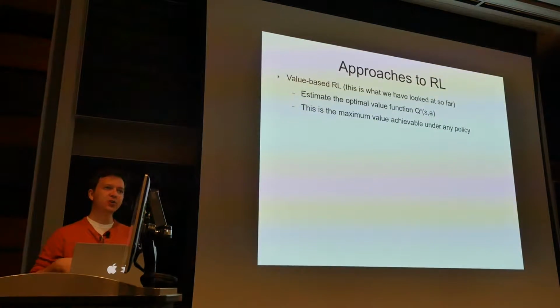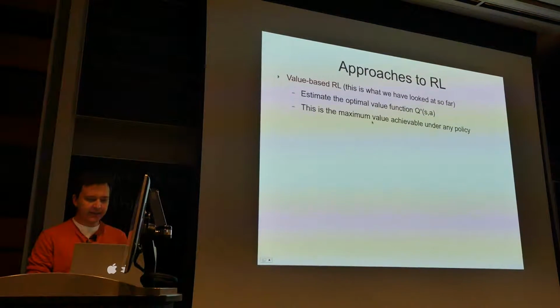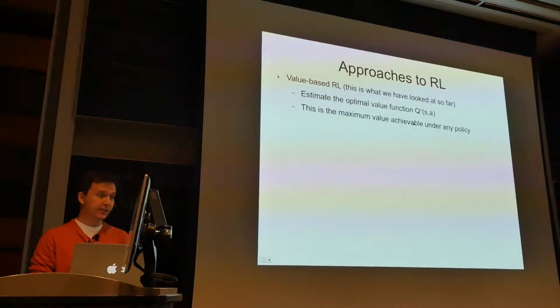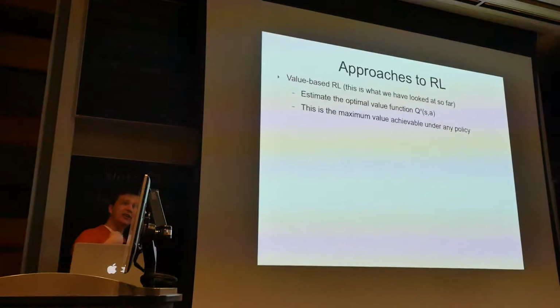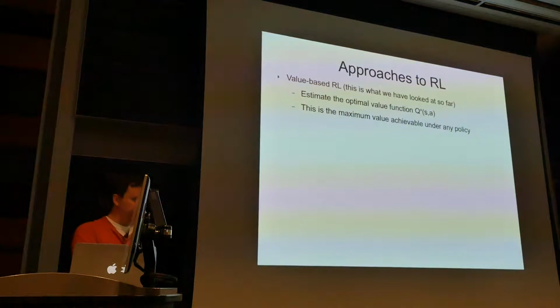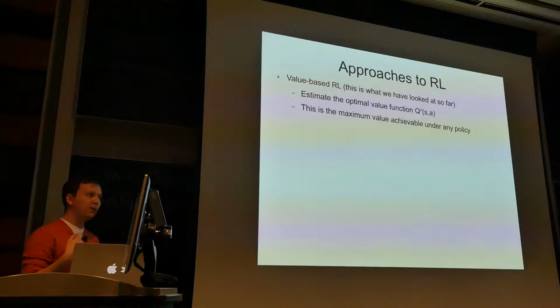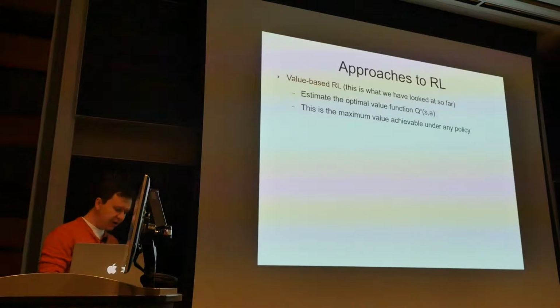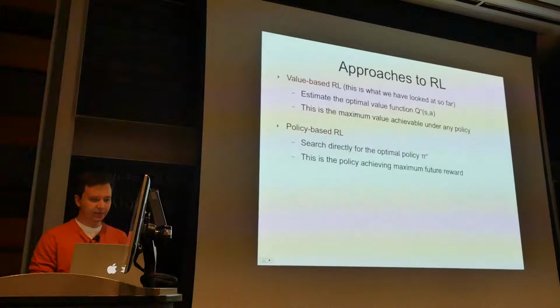Once you have the Q function or the value function, you can get the policy out. And this is the maximum value achievable under any policy. Remember, we had the examples where we try to estimate what the value is, and then we would try to greedify the policy. And then again, we estimate the value, try to find the greedy policy, and so forth. So the loop of estimating and then re-estimating the policy. So this is called the value-based approach.